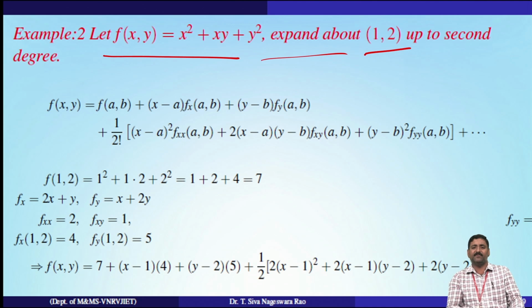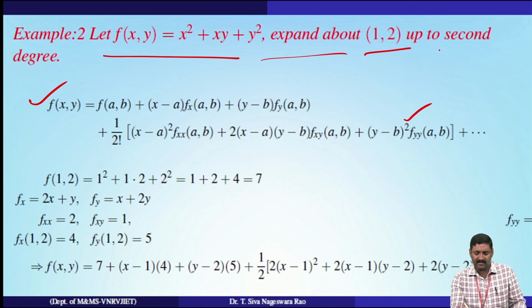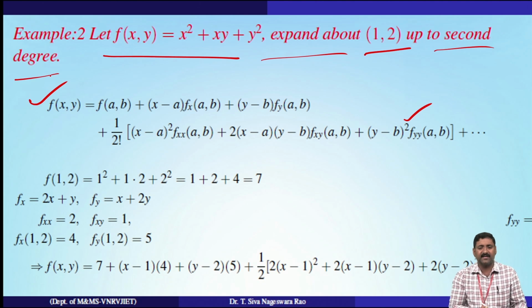So obviously here we will calculate Taylor's expansion of f of x comma y about the given point. This is what you need to understand. So this is the Taylor's expansion of the given function up to second order. Anyway, in the given question we need to take only second degree, so we will take up to second order derivatives.